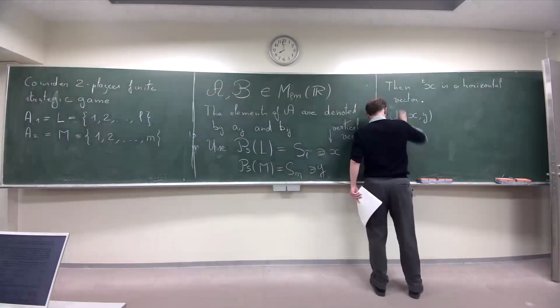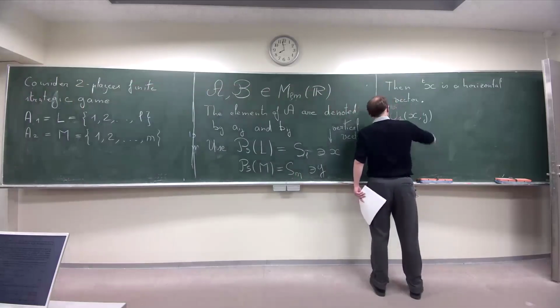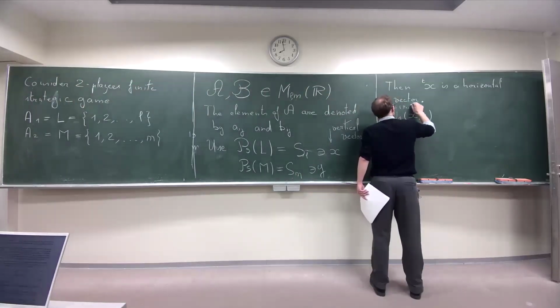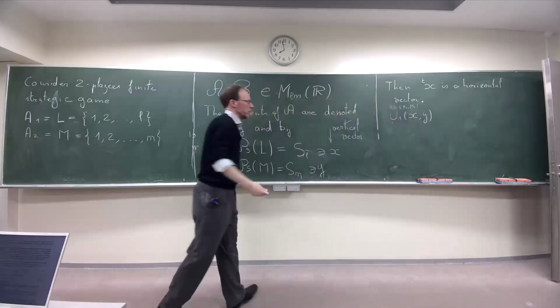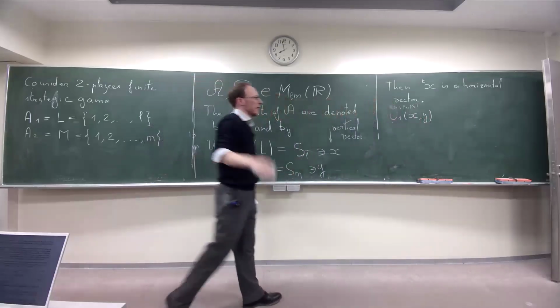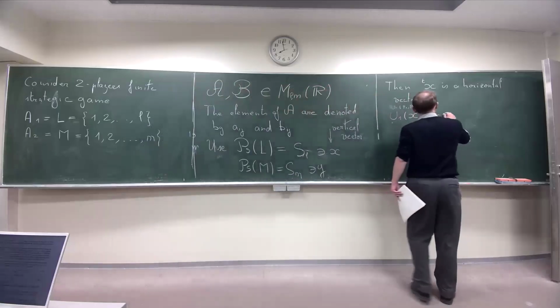Before I wrote U1 of P1, P2, but now P1 is an element X in this set, P2 is in this set. So it's just the same thing, but with a slightly different notation.